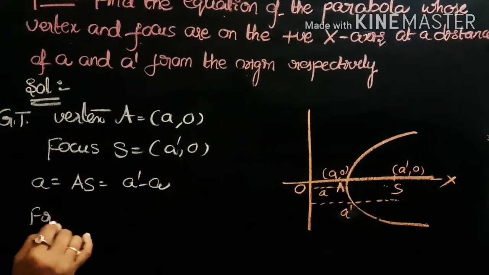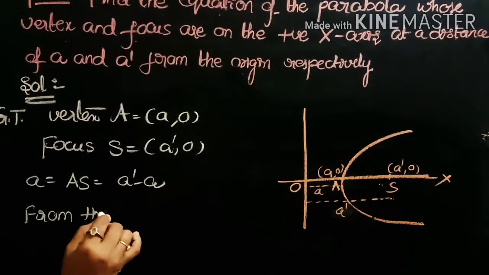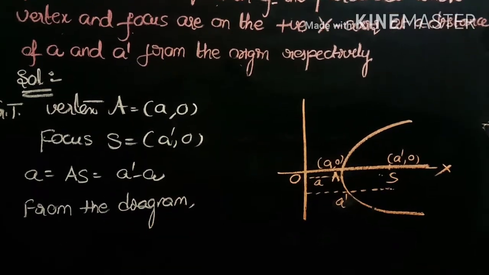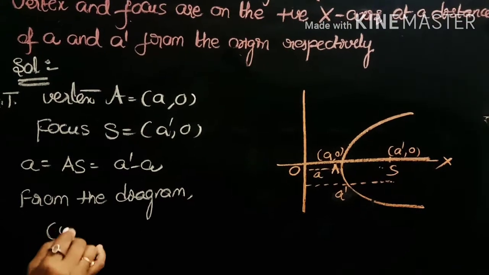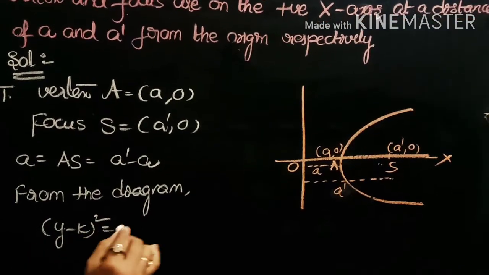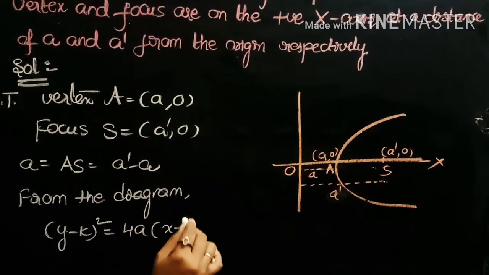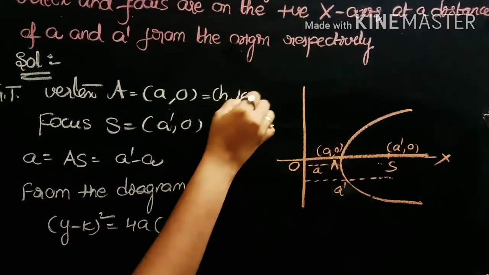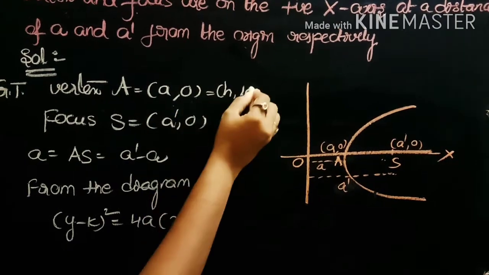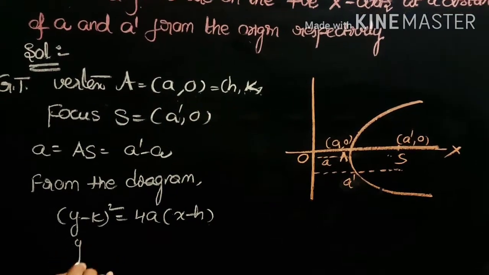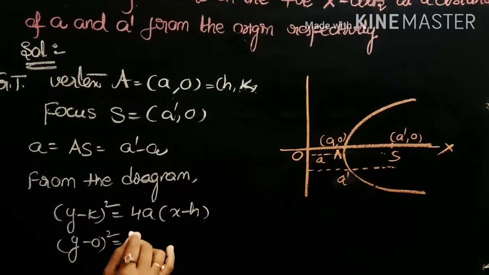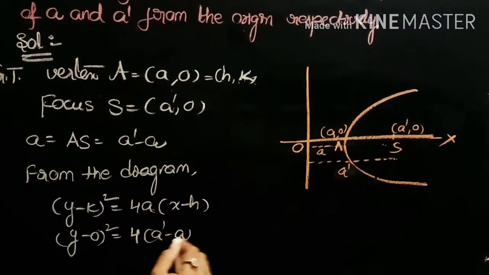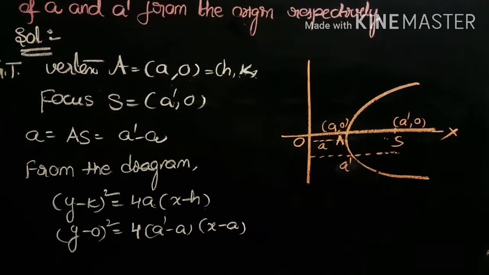And from the diagram we take the equation of the parabola as (y minus k) whole square is equal to 4a into (x minus h). Here (h, k) is the vertex, that is (a, 0). So (y minus 0) whole square is equal to 4 into a, whose value is a dash minus a, into (x minus a).